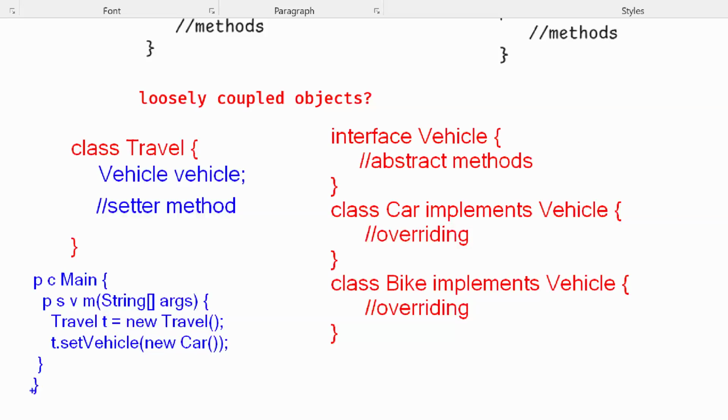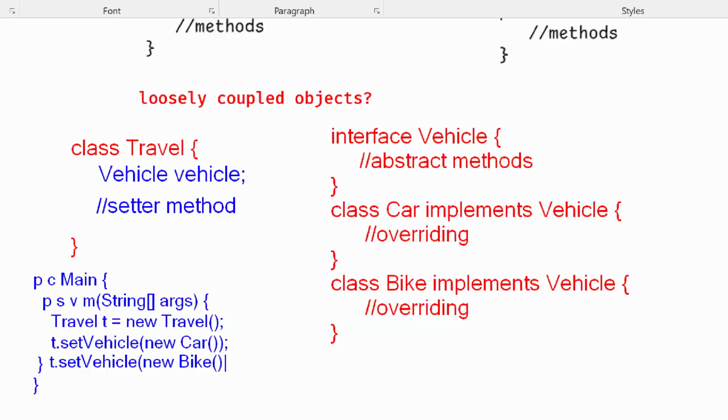Now you tell me, t is what? Travel object. The travel object is a dependent object. New car means it is a car object. Suppose tomorrow this travel object wants to change to a bike object, what do I have to do? I will go to my code somewhere. Again I'll write t dot setVehicle of new bike.